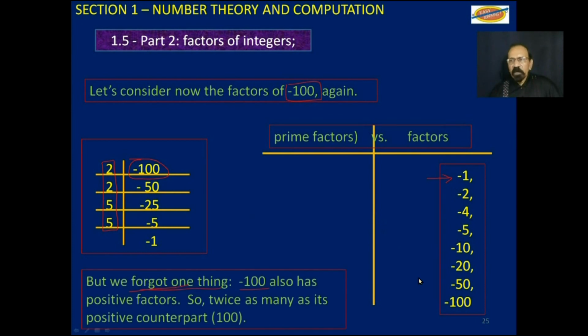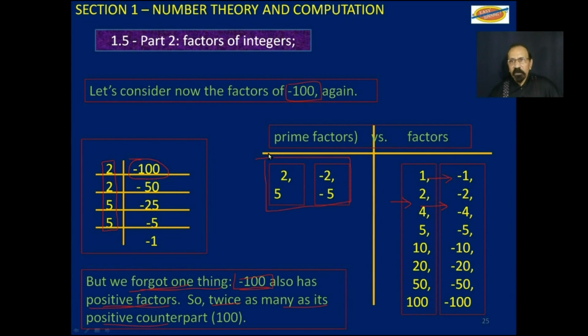But then we need to understand that negative 100 also has positive factors. So twice as many as its positive counterpart. So negative 100 has these as factors, and it also has these as factors. And these would be the prime factors of a negative 100. So bear that in mind.